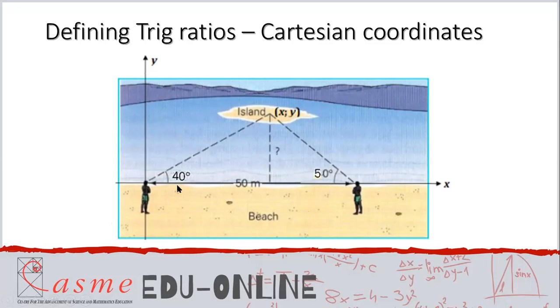Which means this adjacent side to the angle of 40 degrees has length x, because x tells us how far the island is from the y-axis. And then this distance here, which you don't know, will be given by the y coordinate.